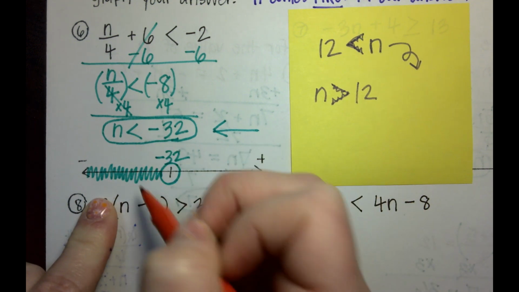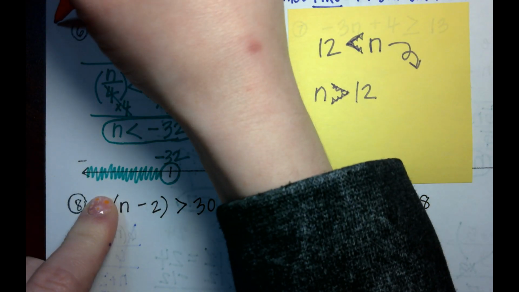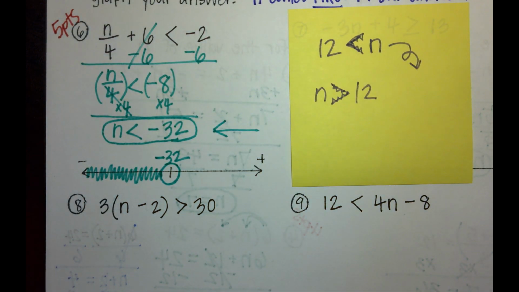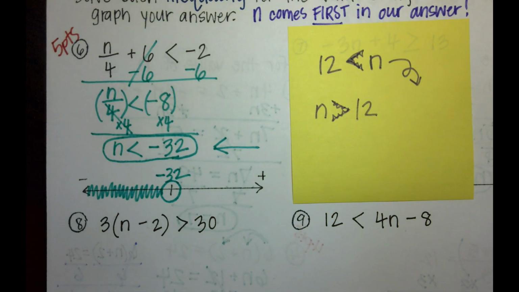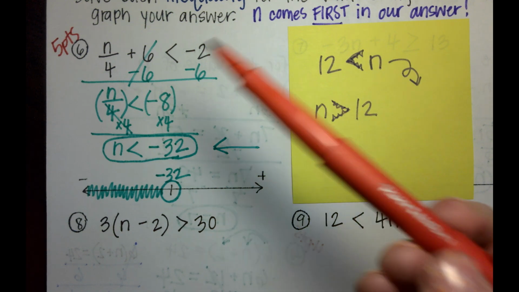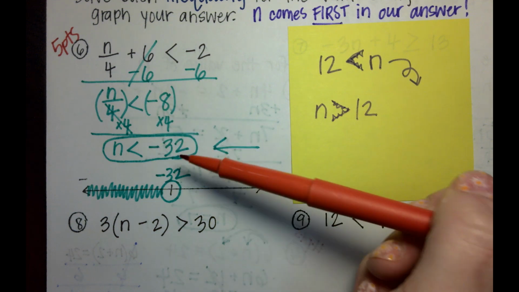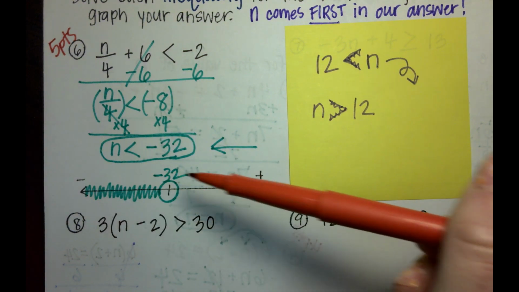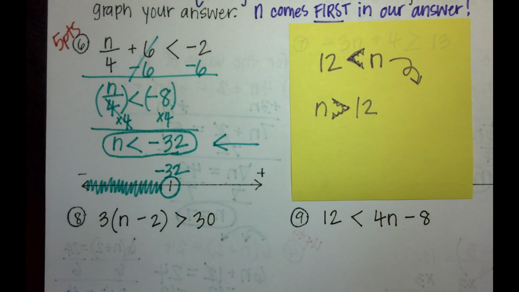Let's say this one is worth 5 points. 5 points for number 6. So 1, 2, 3, 4, 5. Any questions about that?